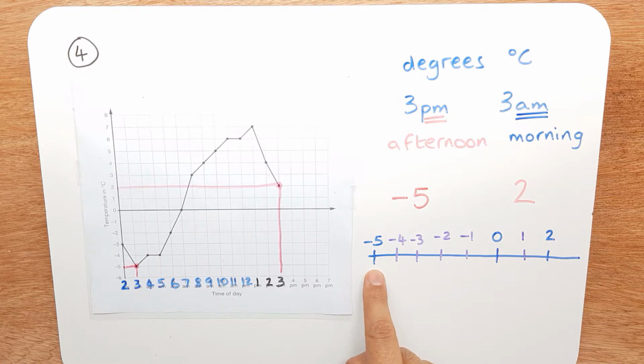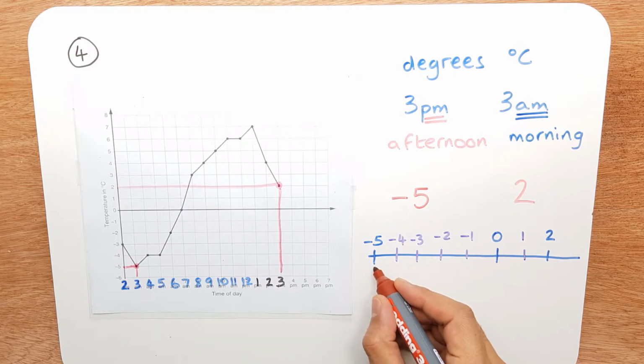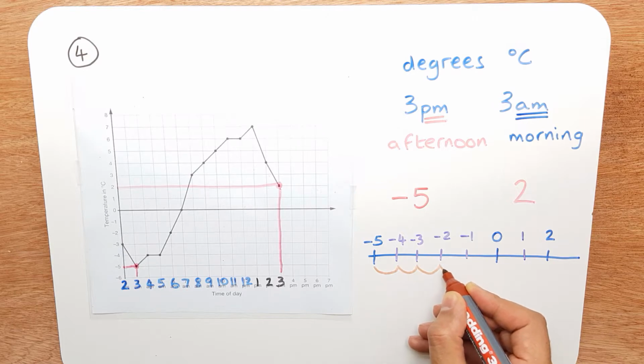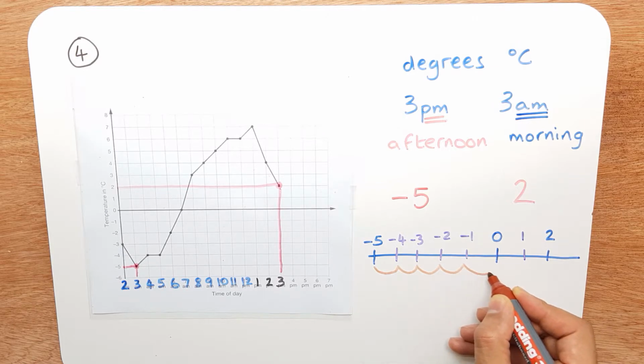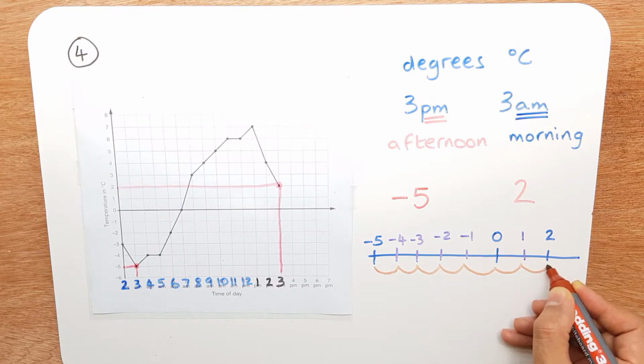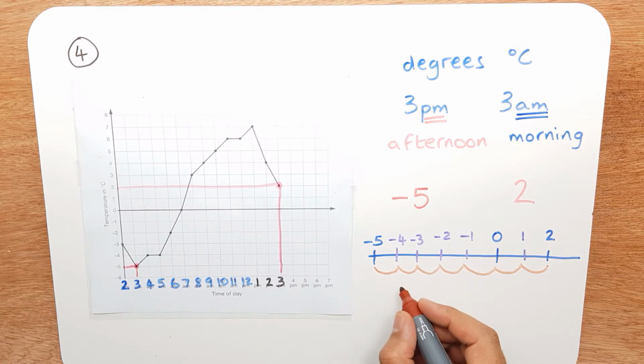So the temperature goes from -5 all the way to 2. So what I'm going to do is count up 1, 2, 3, 4, 5, 6, 7. So the temperature has gone up 7 degrees Celsius.